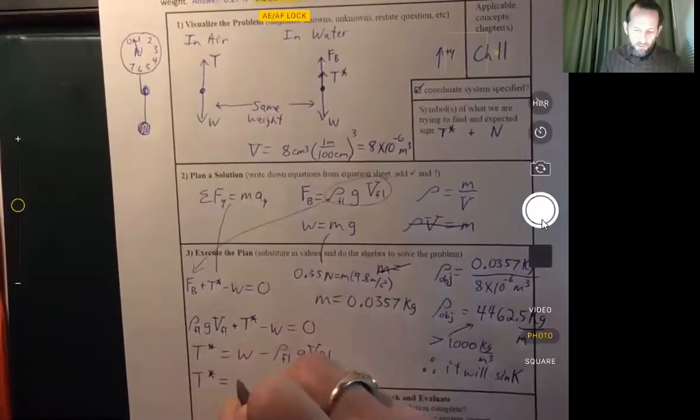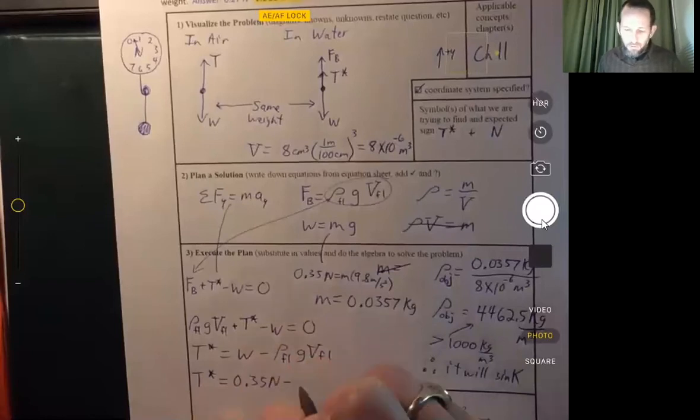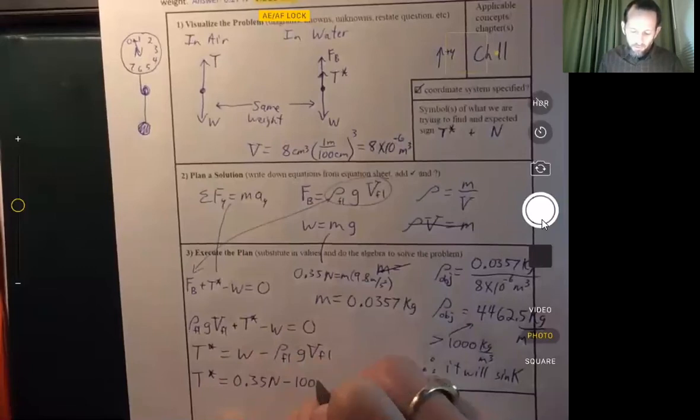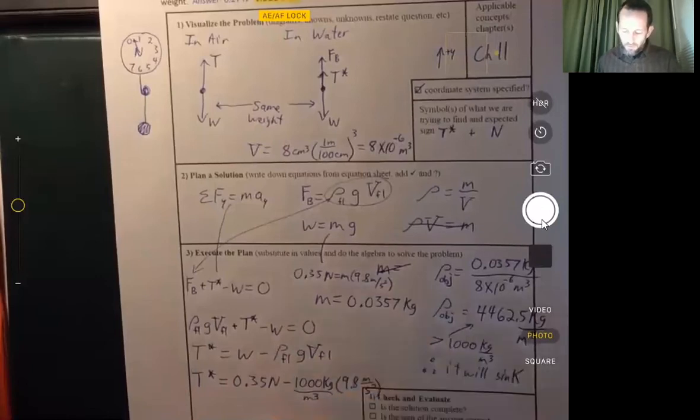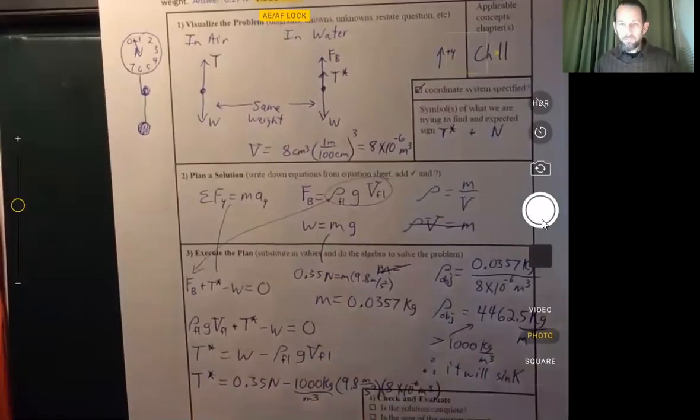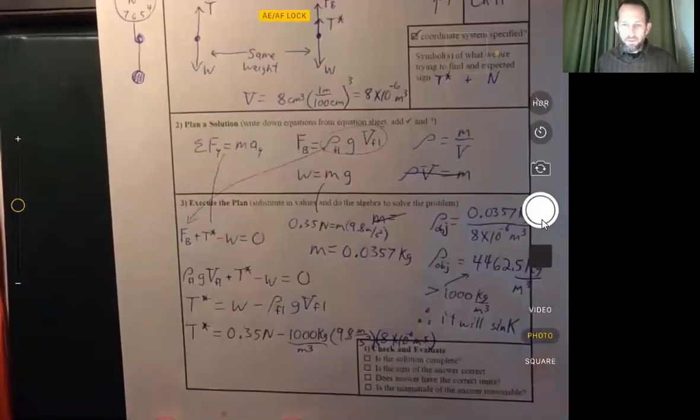And so now we can go ahead and fill this in. Density of the fluid, let's see, it just said water, so we assume fresh water, times 9.8 meters per second squared, and then times the volume, 8 times 10 to the minus 6th. All right, so that's not pretty, but I think you can read that.